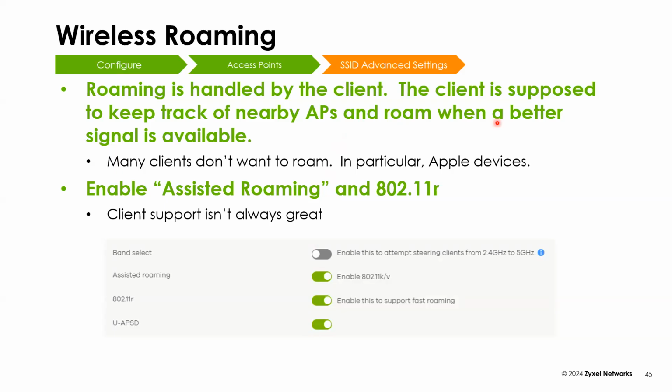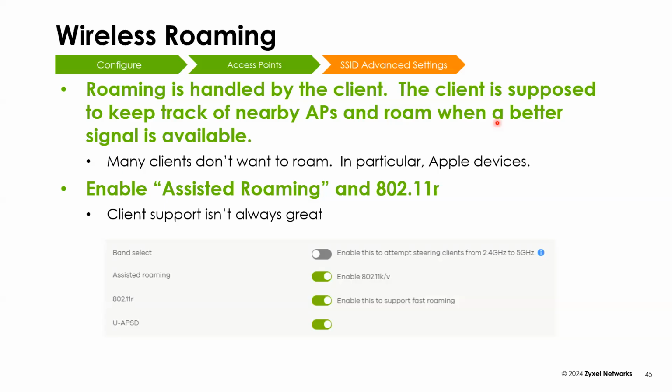It is the client device that determines how strong that signal is before switching to a different AP to connect to. So that is all dependent on the client. The behavior you see will be dependent on the client, not the access point.